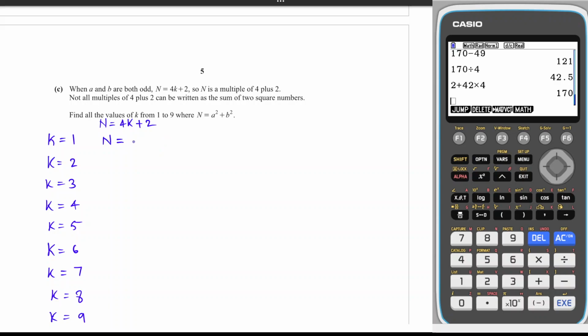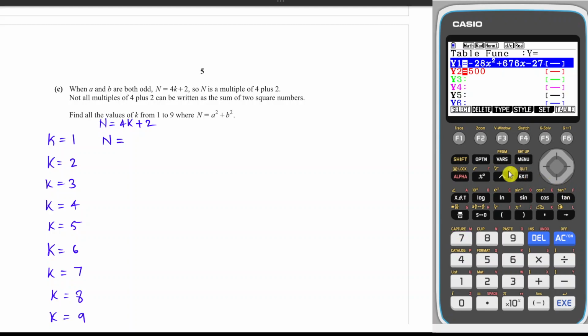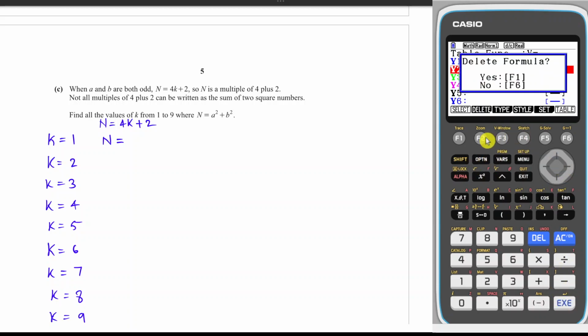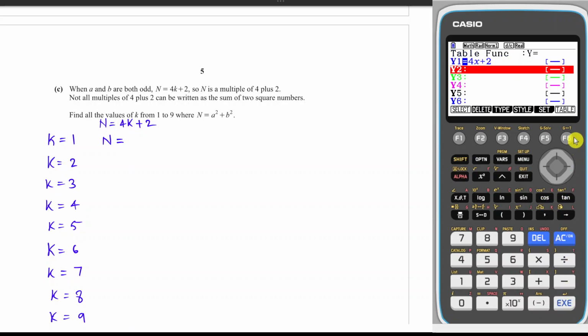You can quickly use your GDC for this also, though you can do it manually. I'll just quickly use the GDC here. So this is my table. I will input 4x plus 2, and set it from 1 to 9. That's my table.